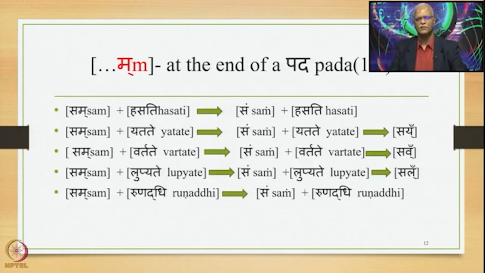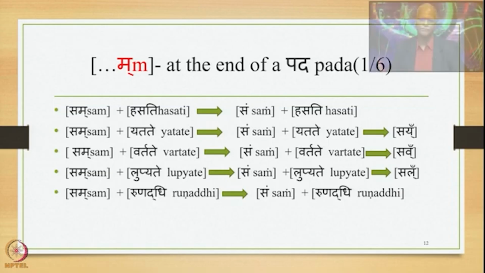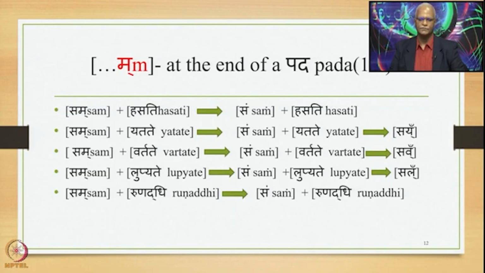After having re-looked at the sutras, which are the core part of the anuswara and parasavarna sandhi, let us now study the examples. First, let us study the examples where ma comes at the end of a pada and is substituted by an anuswara, and then this anuswara is substituted by the parasavarna.